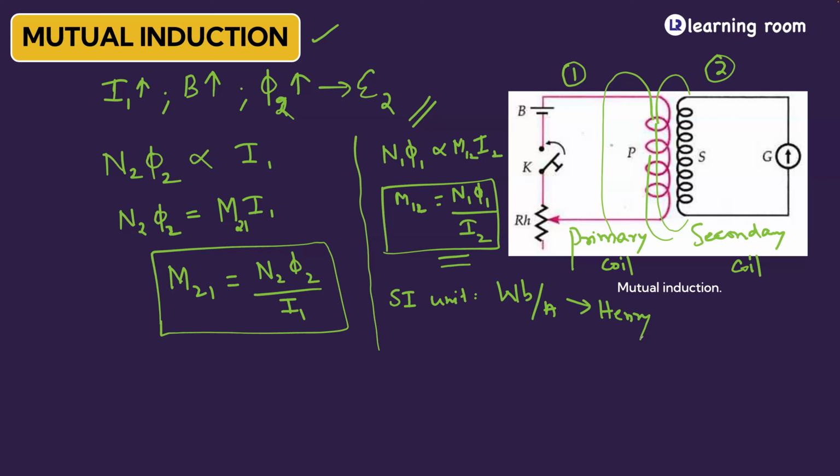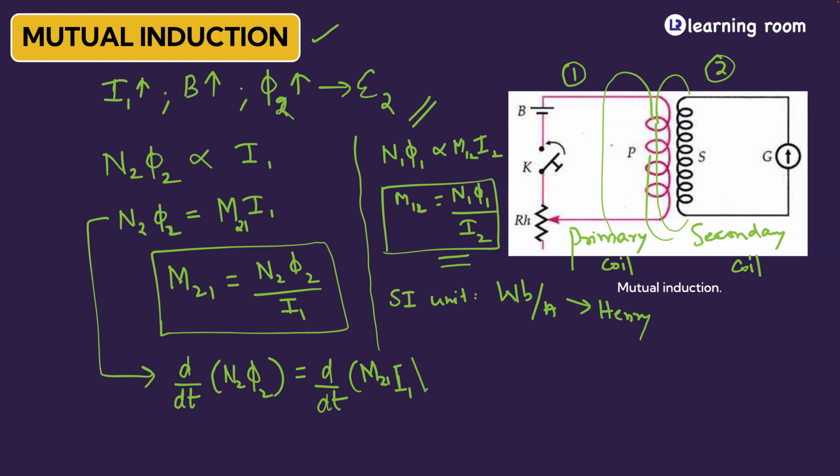Now the question is, what is going to be the EMF that is induced in the second coil? Can I use this expression and differentiate it? If I consider d by dt of N2φ2, this should be equal to d by dt of M21 into I1.